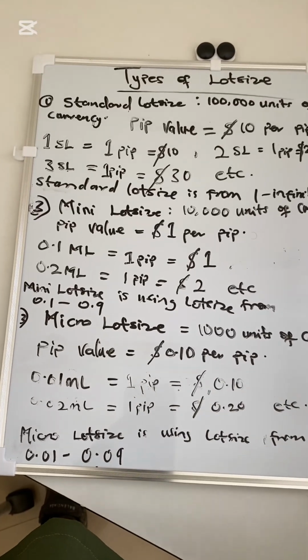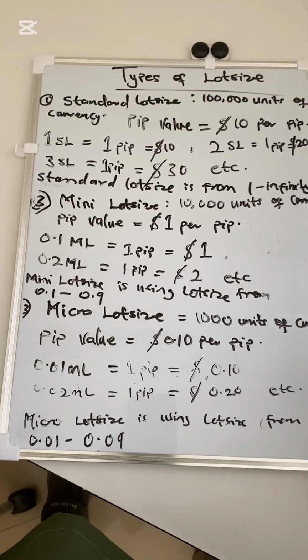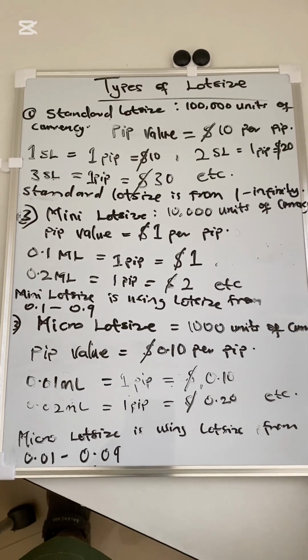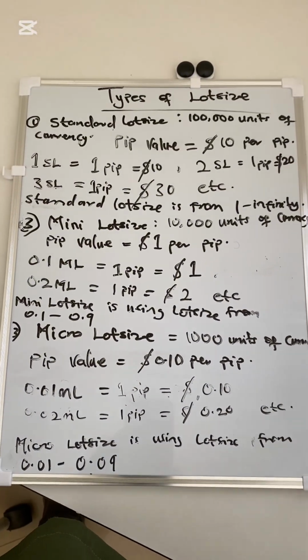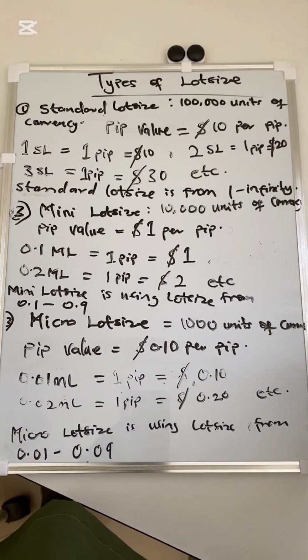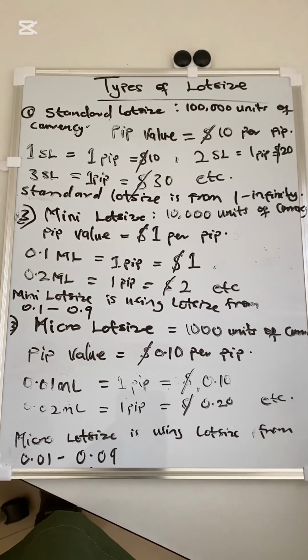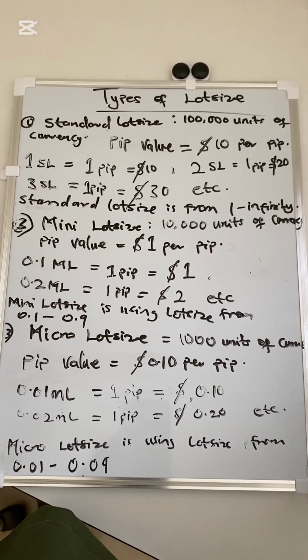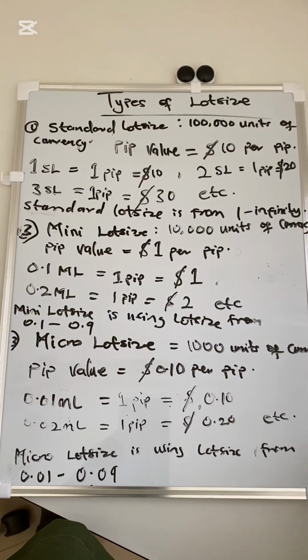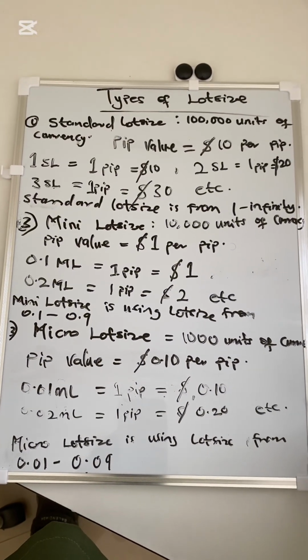Gold is different, USD JPY pair is also different, GBP USD is different. So you must know the currency pair you are trading, and know how to calculate pip movement and also the lot size. This is the only way that is going to keep you on the market and make you a profitable forex trader.